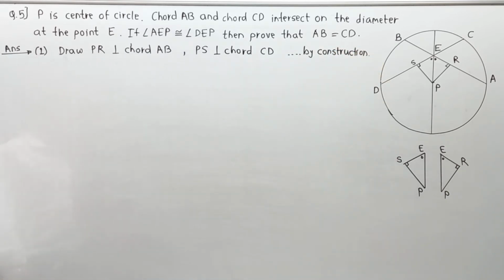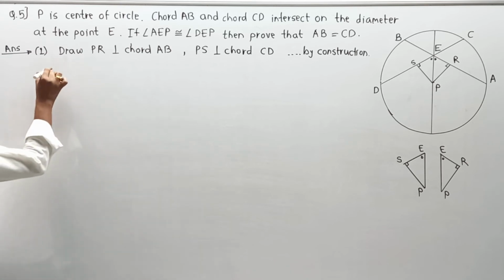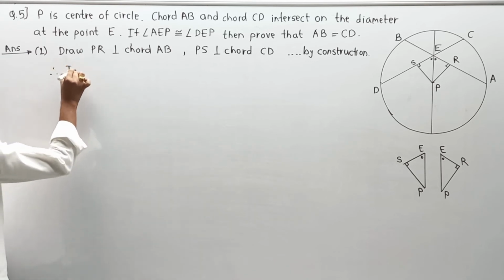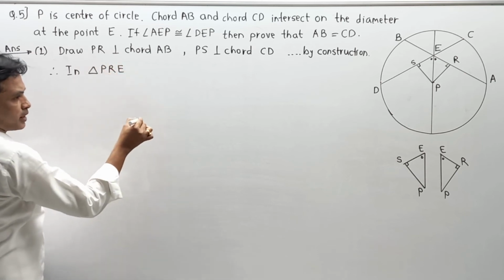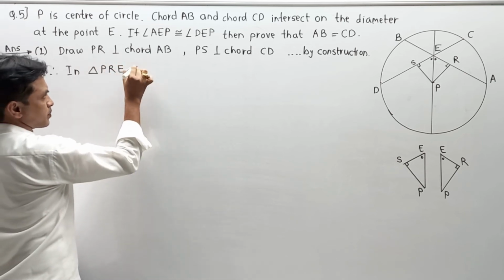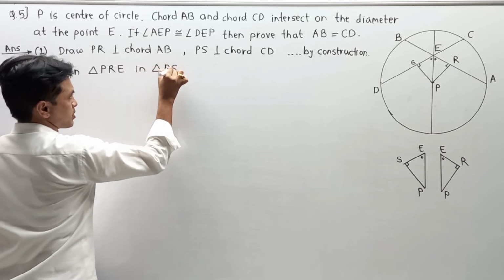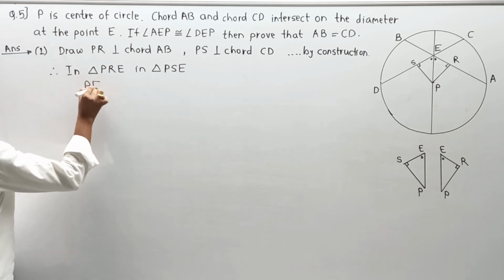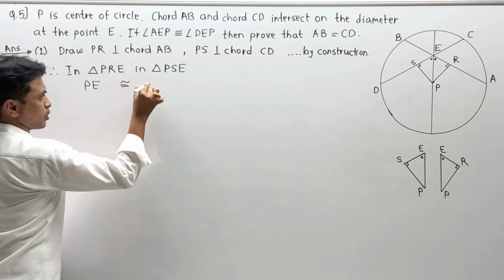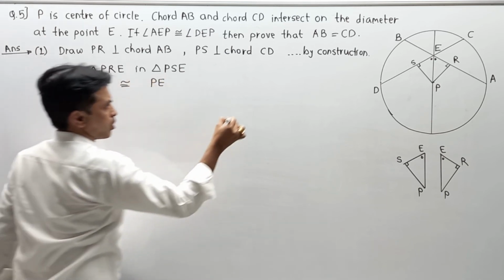Now the next part is, we can start in terms of triangles PRE and PSE. Therefore, in triangle PRE and in triangle PSE, one by one, starting with the side: PE is congruent to PE, a common side.